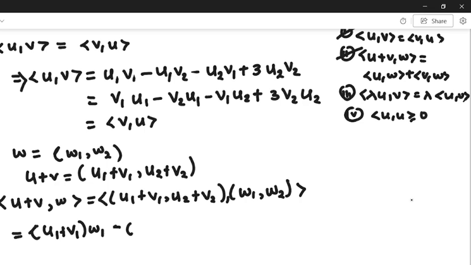This one is u1, so it becomes u1 plus v1, this one is u2, so in that manner.